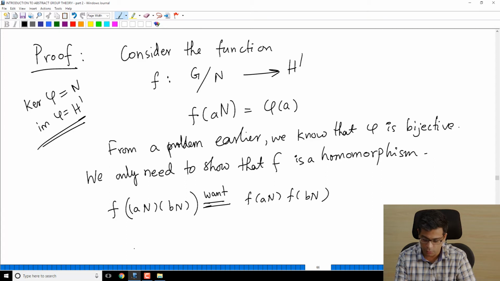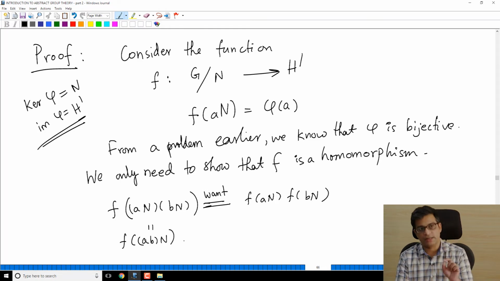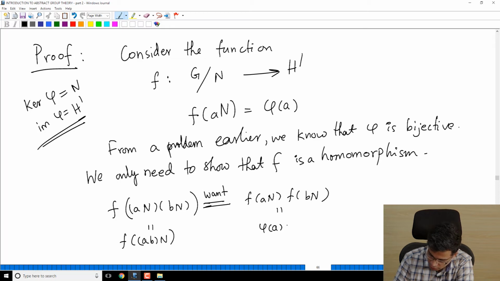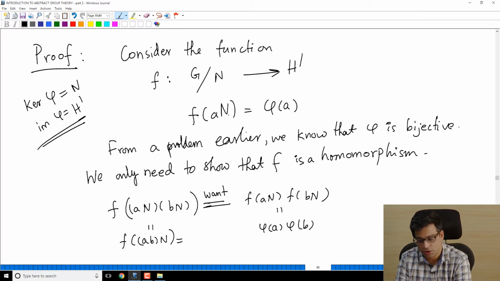So let's check both sides. What is f(aN times bN)? This is the same as f(abN), because that's the product in the quotient group: aN times bN is abN. And what is this? f(aN) is phi of a and f(bN) is phi of b. And what is f(abN)? You take any coset and you take the element here and map it to phi of that element.